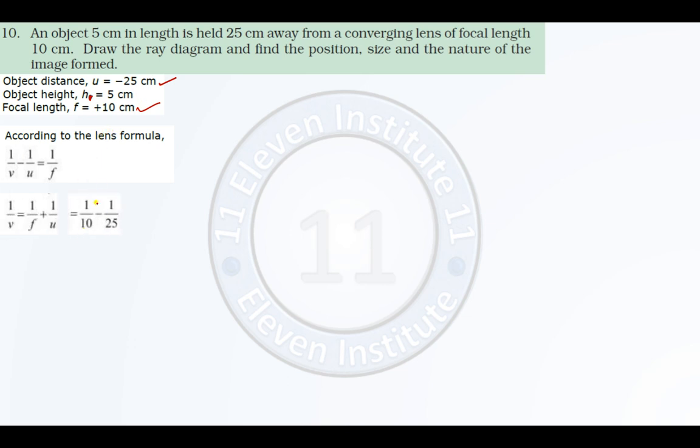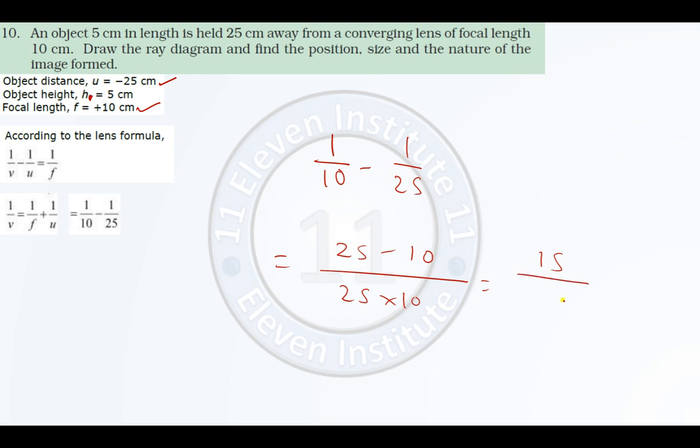So 1 upon 10, and this is minus 25, so plus minus it will be minus 1 upon 25. Now we will take LCM or cross multiplication, so please look over here, 1 upon 10 minus 1 upon 25. When we cross multiply, 25 ones are 25 minus 10 ones are 10 upon 25 into 10. Now what is 25 minus 10? 15. 15 upon 25 into 10.